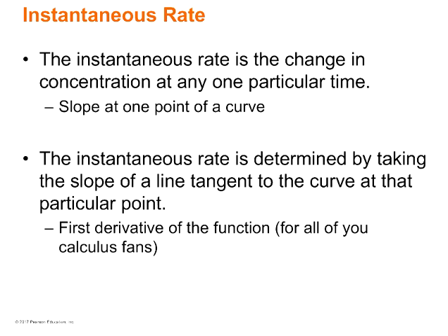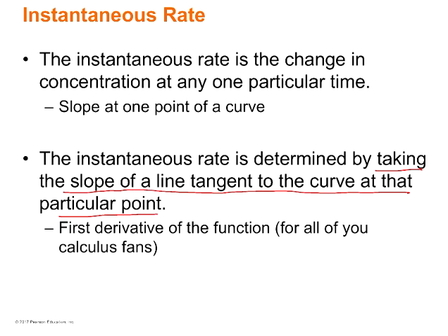So the instantaneous rate is the change in concentration at any one particular time. So for instance, if we wanted to determine the rate at 10 seconds exactly, what we would do is, if we had, let's say, a graph of the change in concentration over time, then we're going to determine the instantaneous rate by taking the slope of a line tangent to the curve at that particular point.